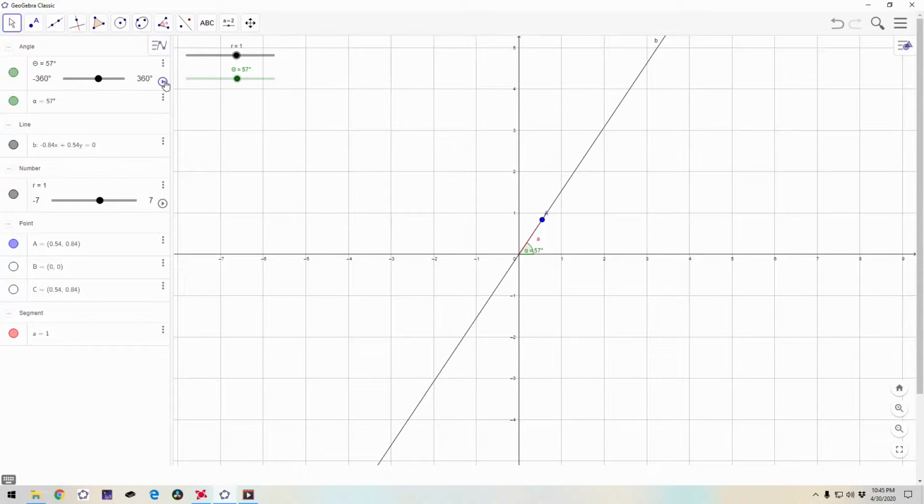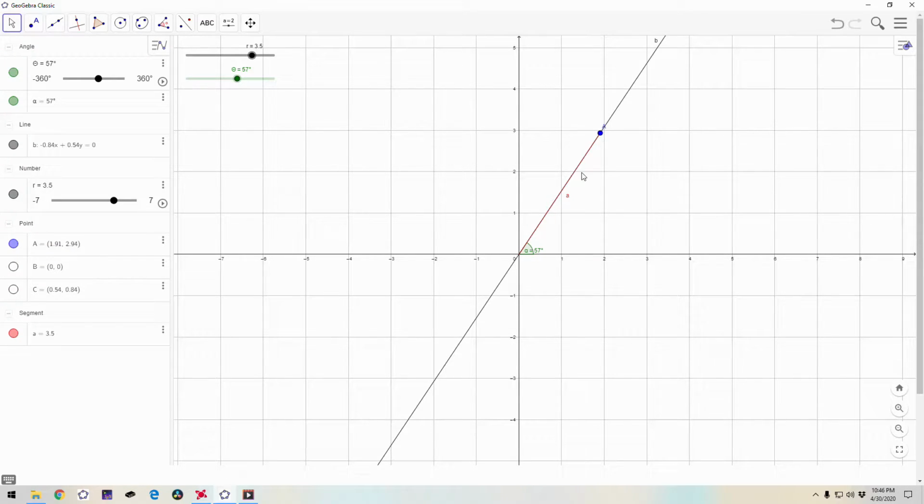So that means I'm going to let my r travel to 3.5. Okay? Notice the coordinates of the point A right here. That's exactly what we computed, the 1.91 and the 2.94.